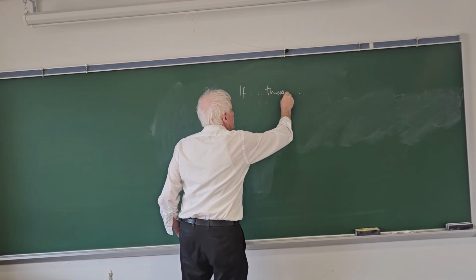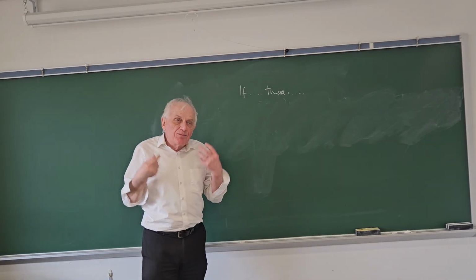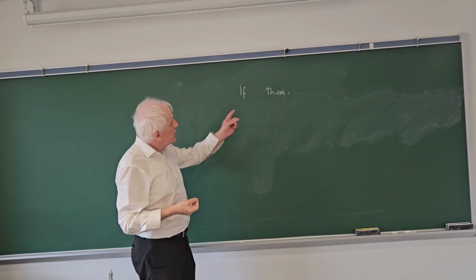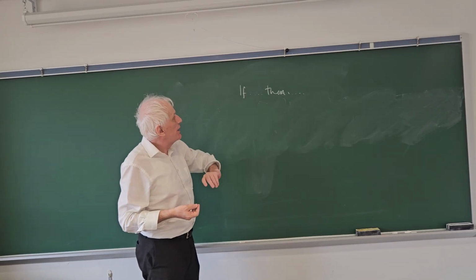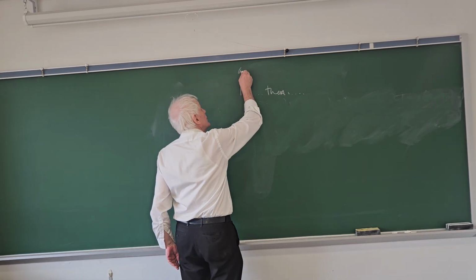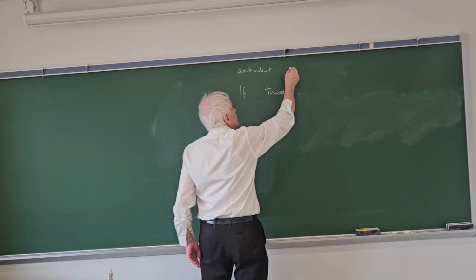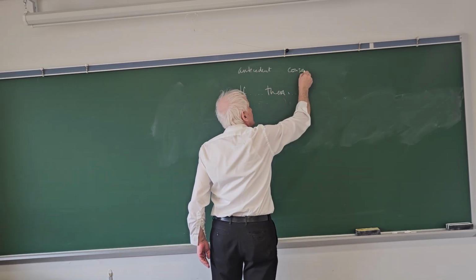The conditional, if, then. When fully written out, it's: if, and a sentence goes here, then, and a sentence goes there. And this is the one that we call the antecedent, and this is the one that we call the consequent.